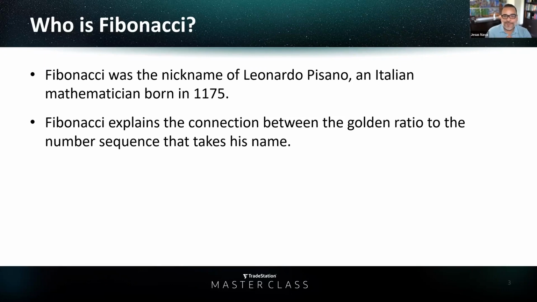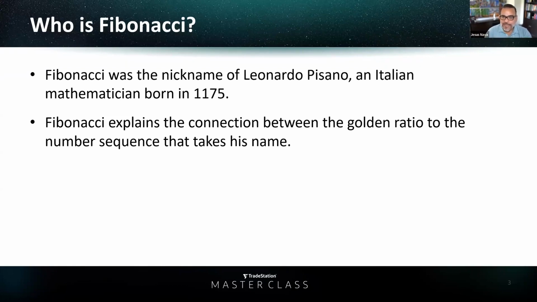But it was used many centuries ago by other mathematicians, and you can find writings on this number sequence many centuries before Fibonacci lived. But Fibonacci did talk about the sequence, did utilize the number sequence, and made some connections with the golden ratio, even though not directly.